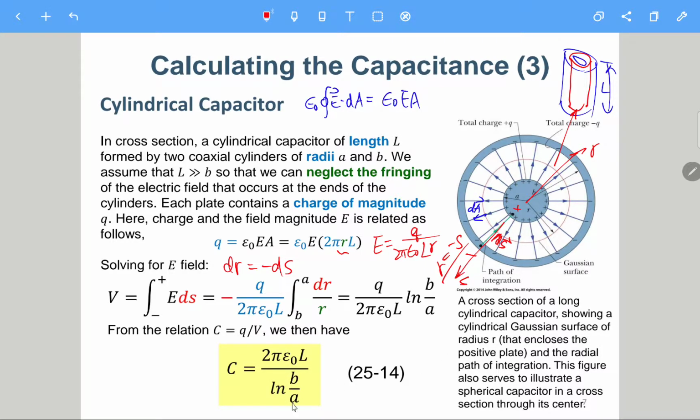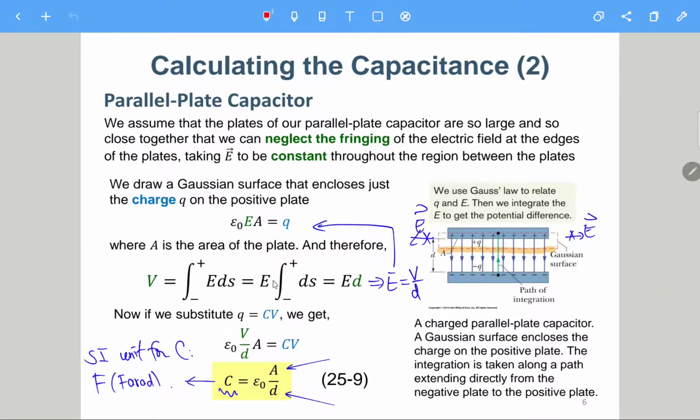Which means that if B over A is smaller, these two coaxial cylinders are close together, which is similar to this case. If you want this capacitance to be larger, you can also place these two plates closer.